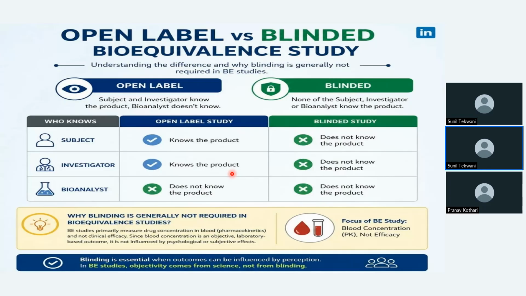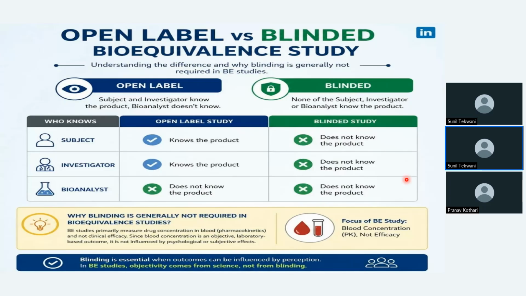To overcome this placebo effect, many clinical trials are blinded. Subject does not know that they are taking innovator product or test product. If they know that they are taking innovator product, they will have confidence and trust that this is a well-known product, it will give me a good efficacy, and it will give a placebo effect.